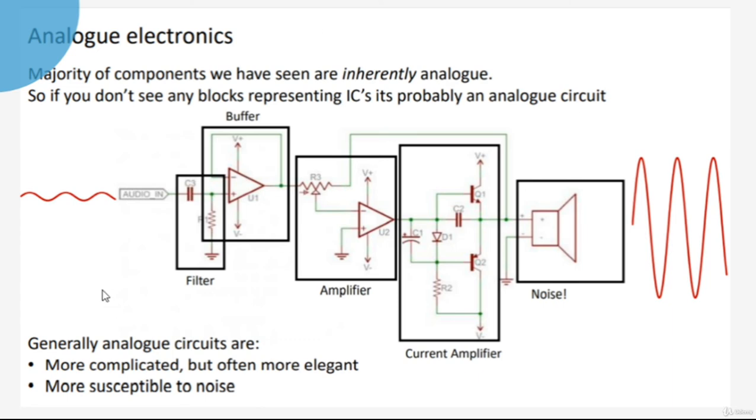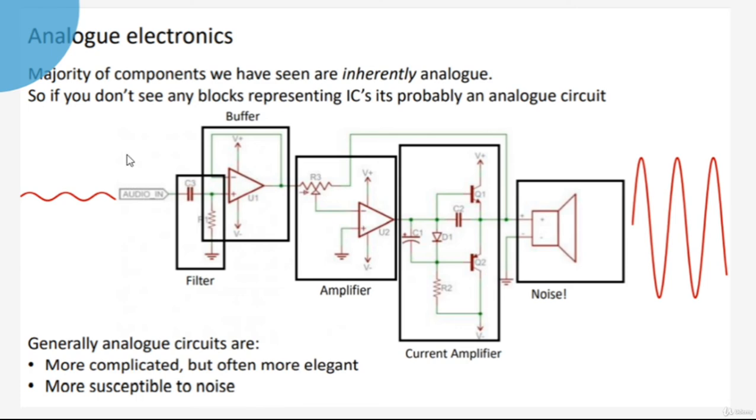So generally the analog circuits are more complicated, but often more elegant, and more susceptible to noise. Okay, so that means that it gets affected by the noise very easily, unlike the digital signals or the digital circuits.